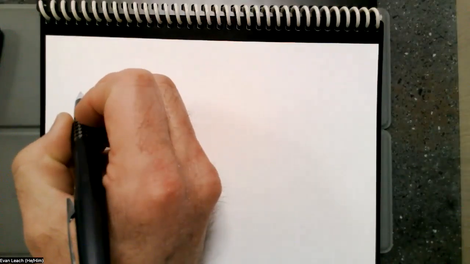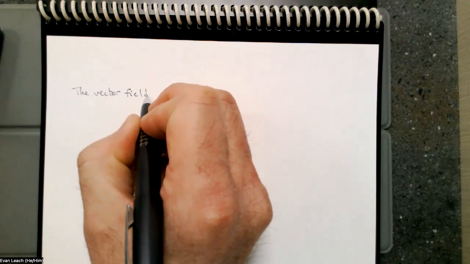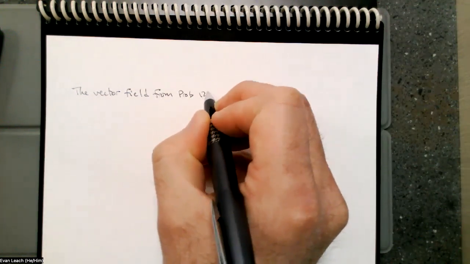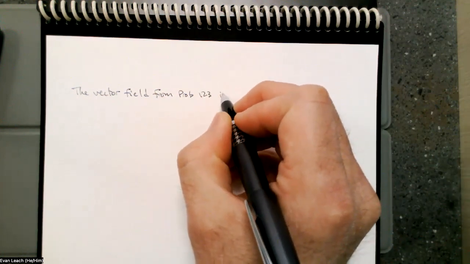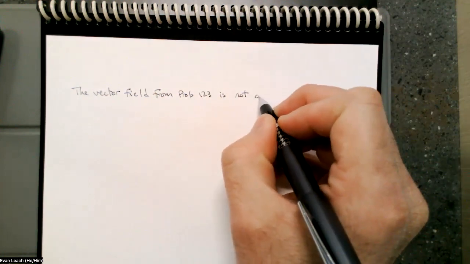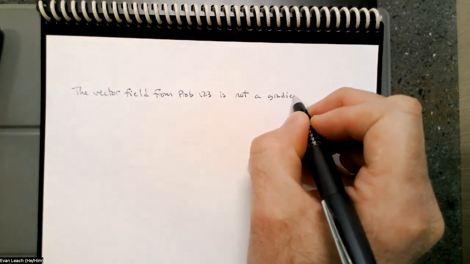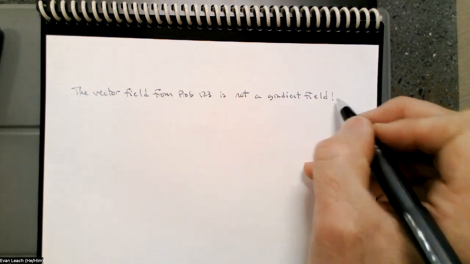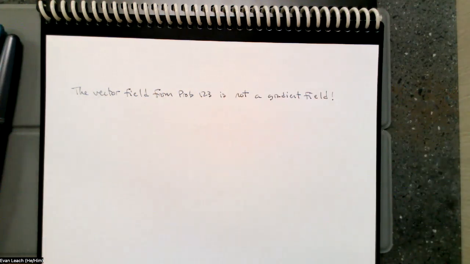So the vector field from problem 1, 2, 3 is not a gradient field. So it is not path independent, so it is not conservative.